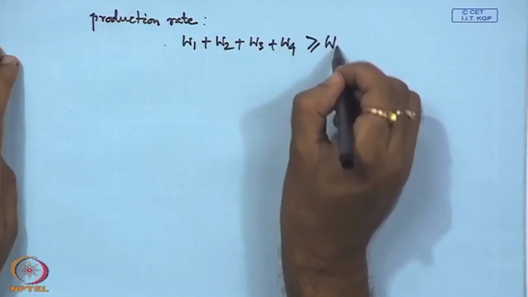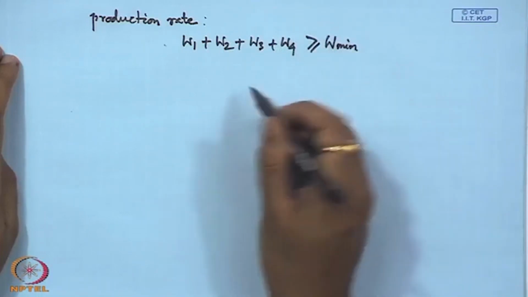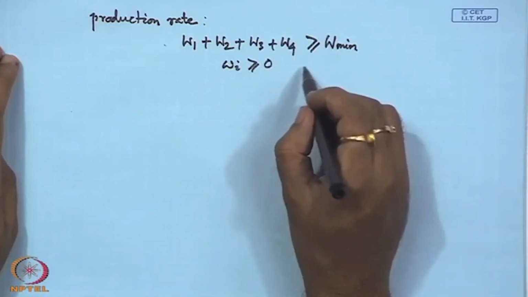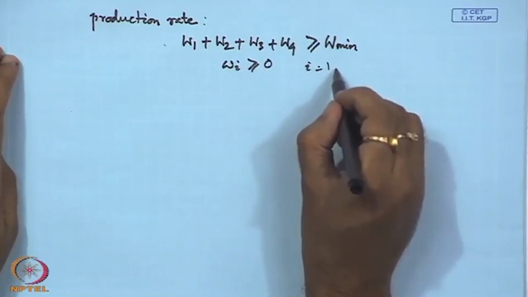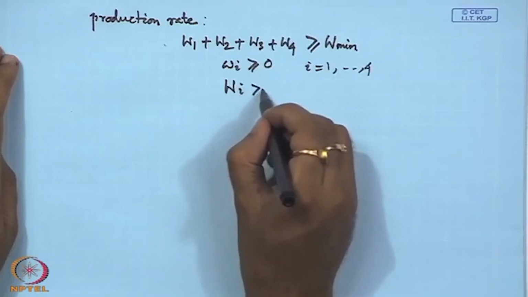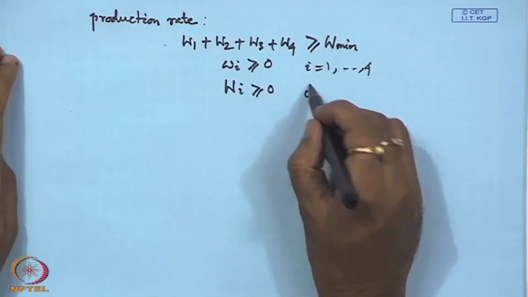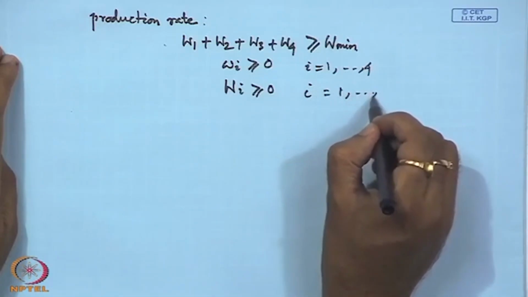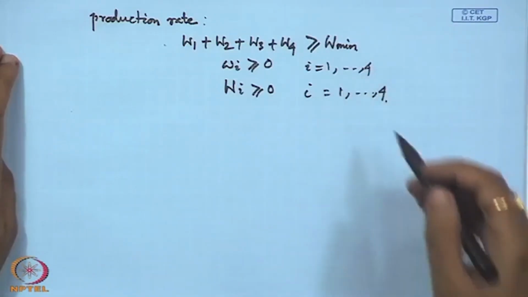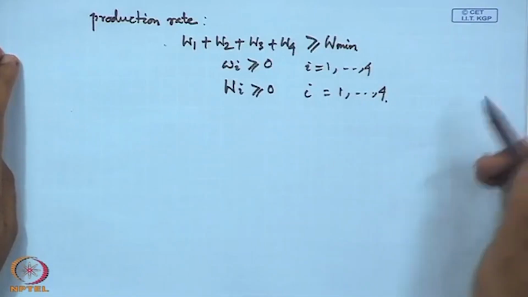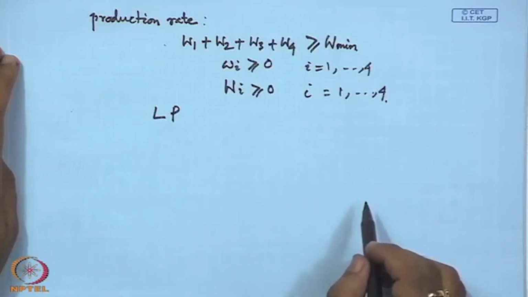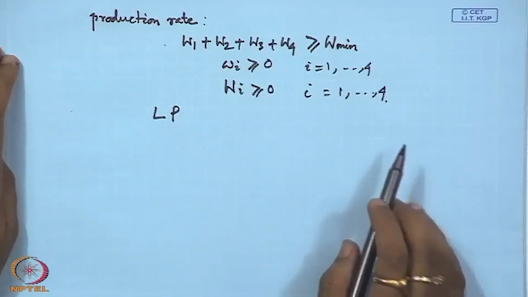This should be greater than W minimum, and small wi's should be greater than 0 for i equals 1 to 4, capital Wi greater than or equal to 0 for i 1 to 4. Again, all the objectives and constraints are linear in nature. So, we can directly solve it using a linear programming algorithm.